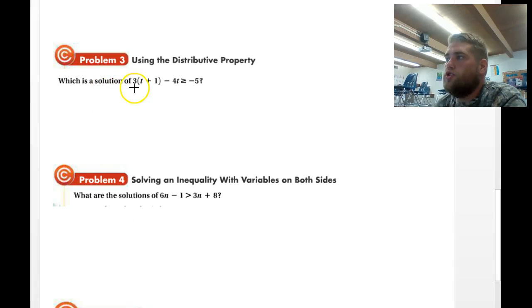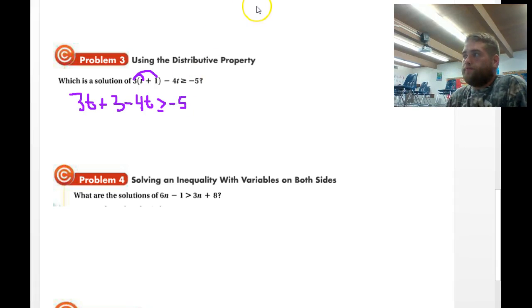What is the solution to 3 parentheses t plus 1 minus 4t is greater than or equal to -5? So once again, we distribute my 3, so I get that 3t plus 3 minus 4t is greater than or equal to -5.